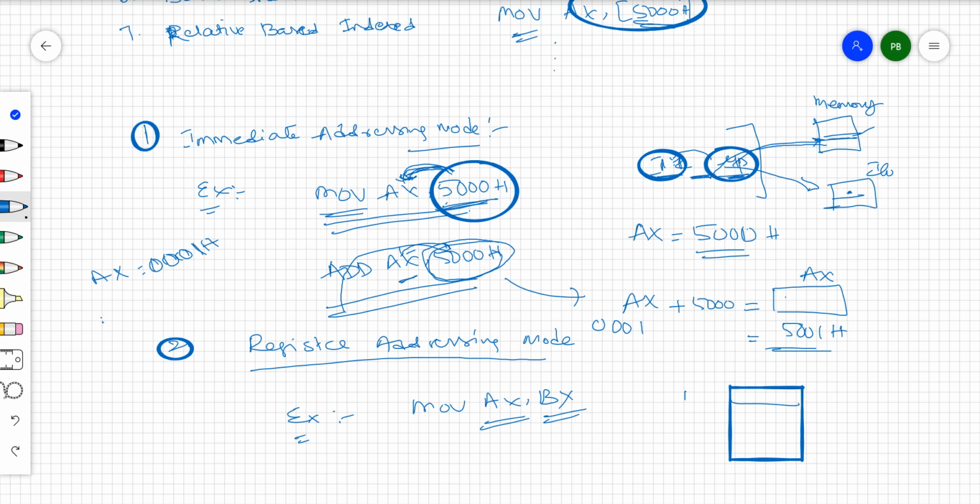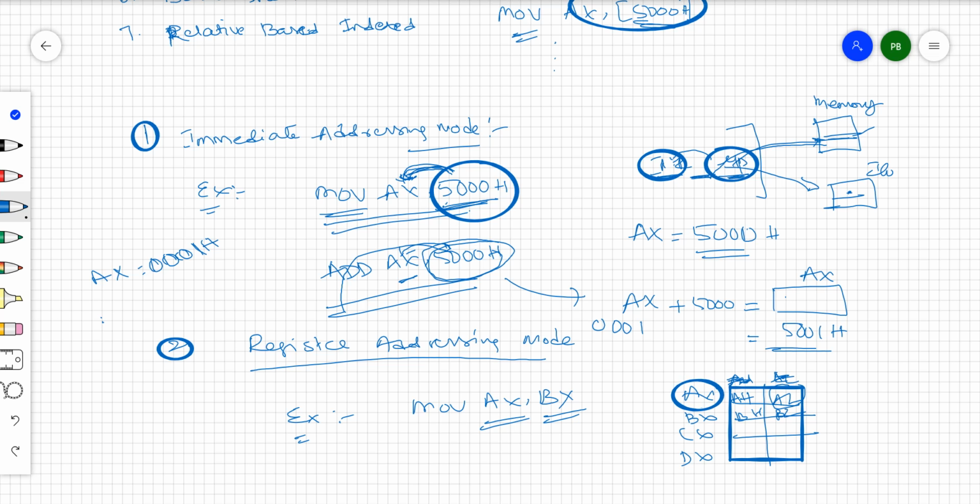You know that we have AX, BX, CX, DX internally, and AL, AH, BL, BH, CH, CL, DH, DL. If you want to use them as 16-bit you use them like this, and as 8-bit you use them like this.